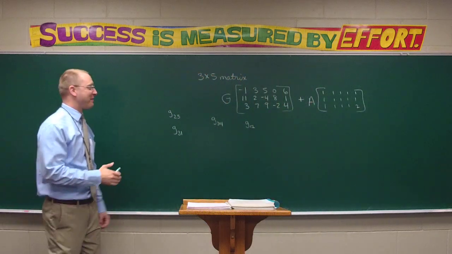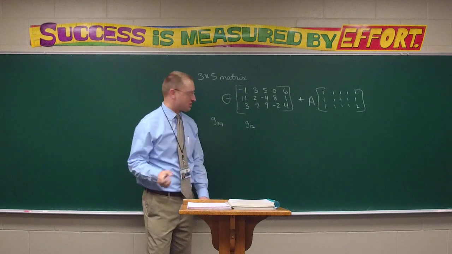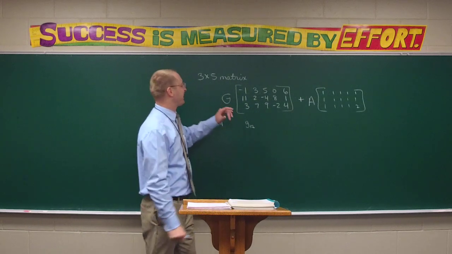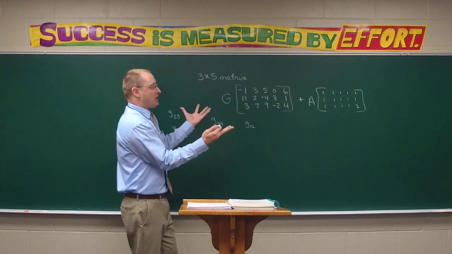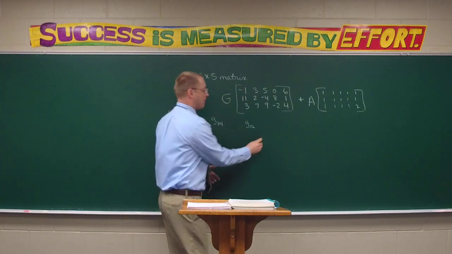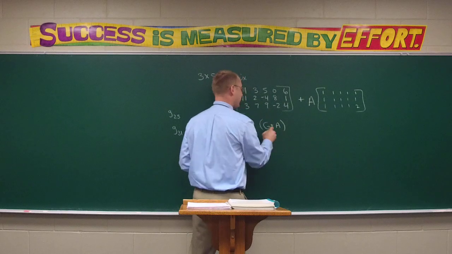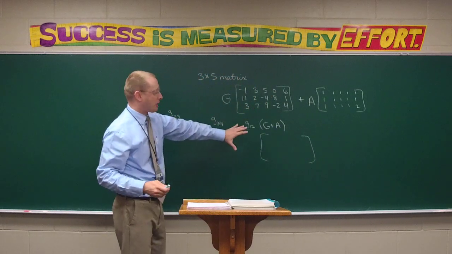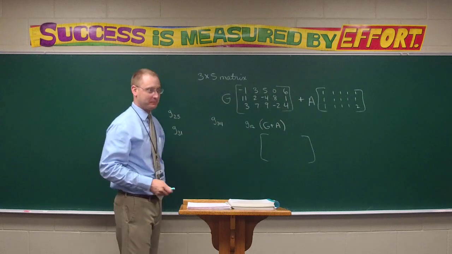We could add these matrices together, and when we added them together, matrix G plus A would be another 3 by 5 matrix. What would we actually do to add them together, Kendall?